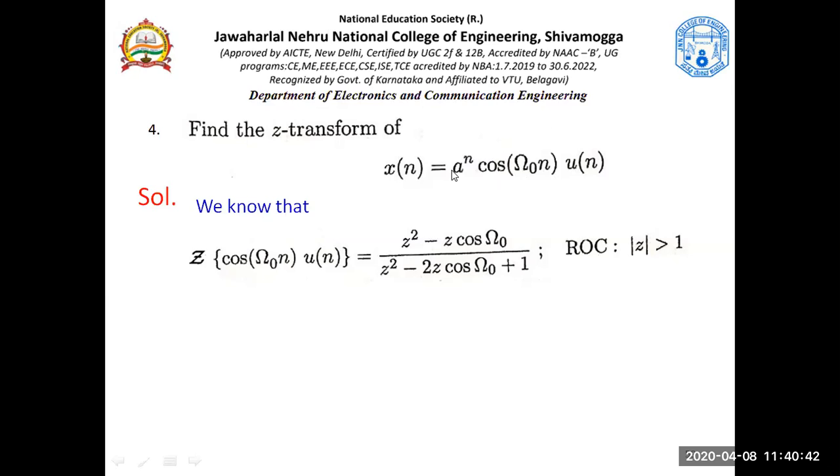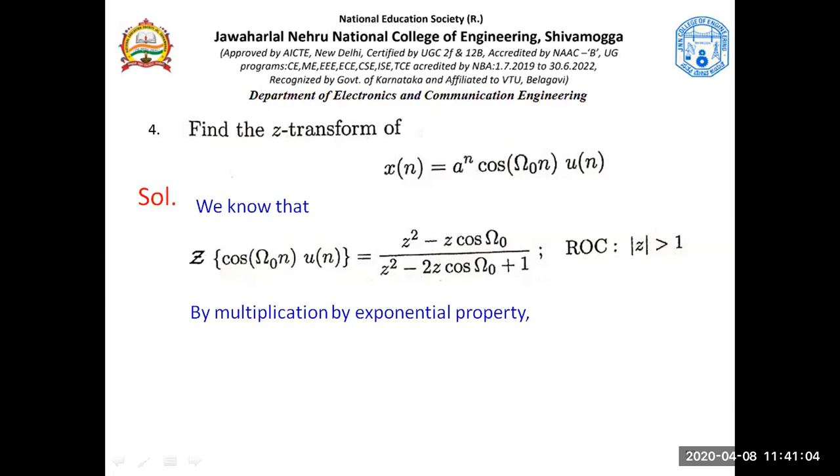So what would happen by the multiplication by exponential property? This problem is being solved using the properties of Z transform, and there is a property in which we multiply the signal by an exponential. What is an exponential? A power n is an exponential. Everybody understand that?